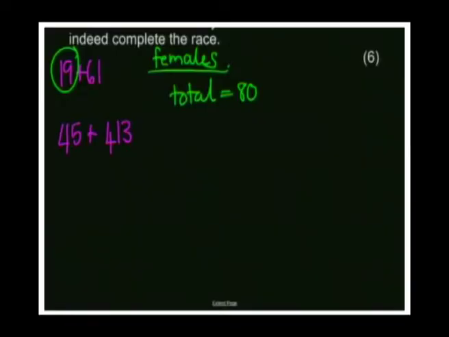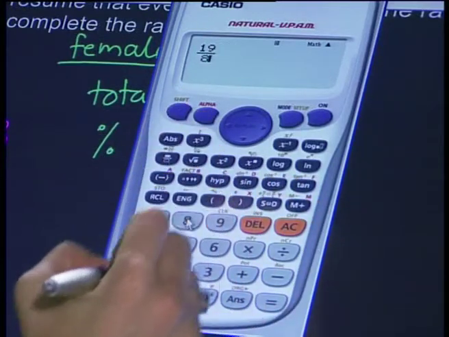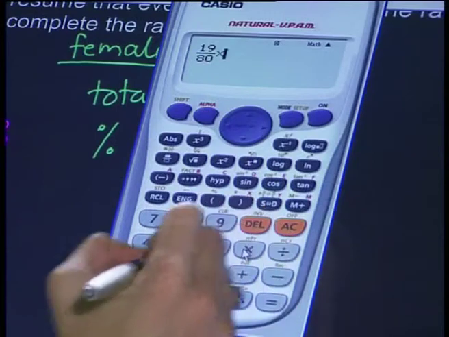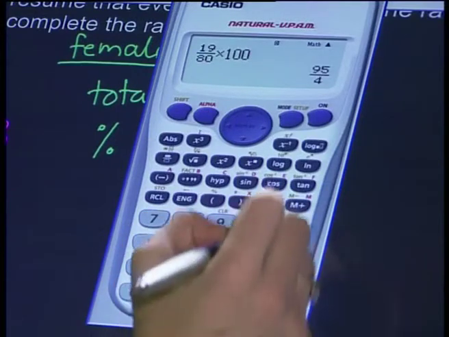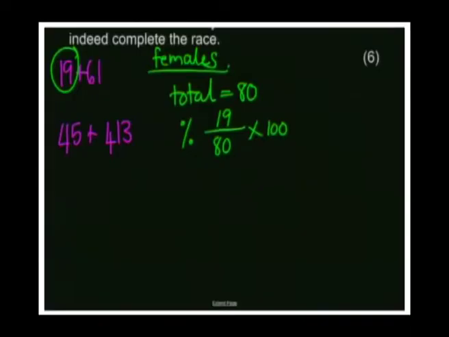Let's see what percentage of these females finished under 2 hours. So let's work out our percentage, and we can say, well, 19 out of 80 females finished under 2 hours. Turn it into a percentage, and let's see what we get. Times by 100, and we get that, wow, 23.75% of females finished under 2 hours.